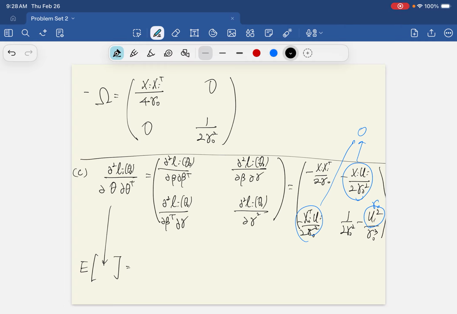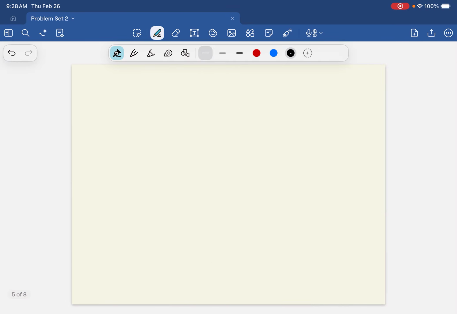So then the first term becomes minus xi transpose 2 gamma 0 here. And it is 1 over 2 minus just 1 over gamma squared, so it is minus 1 over 2 gamma 0 squared. Okay, and 0, 0. This is H0. Then you see the pattern, right? So remember these.